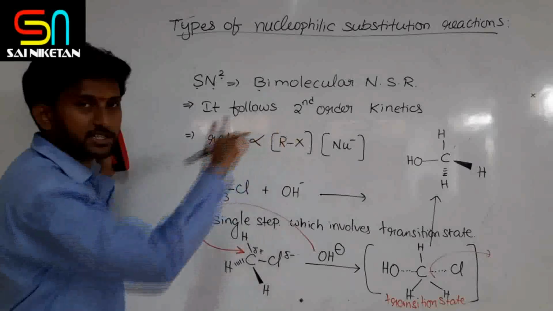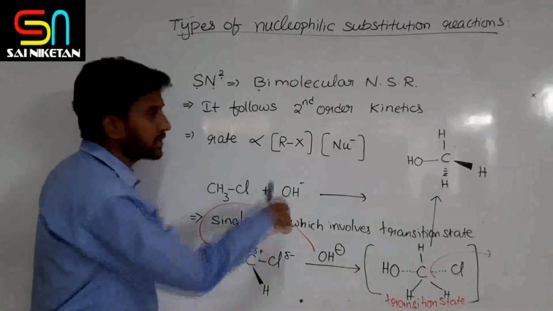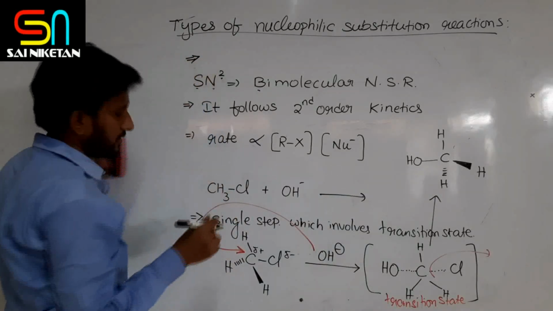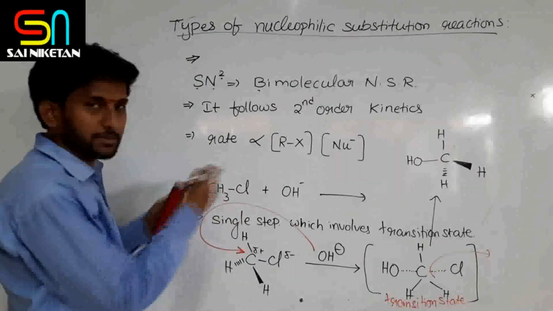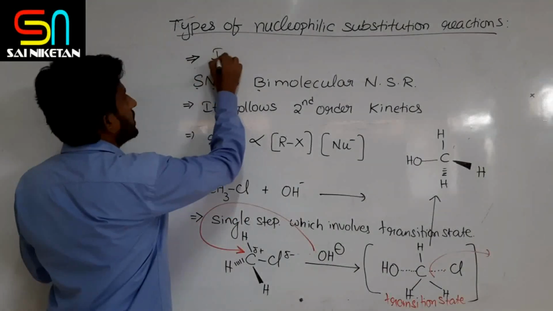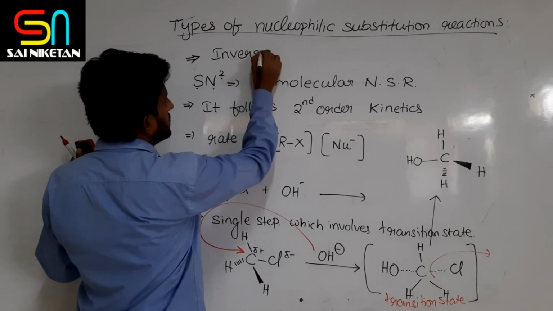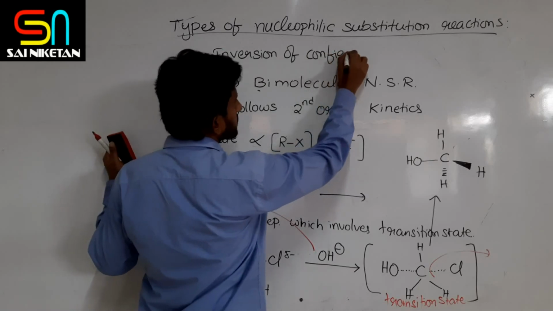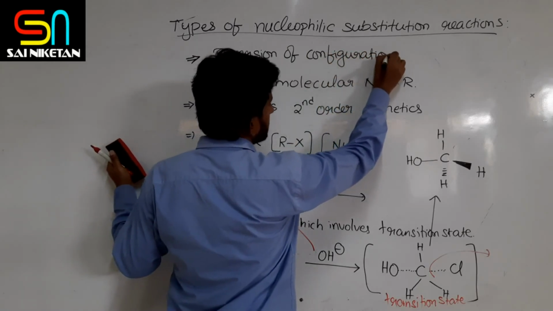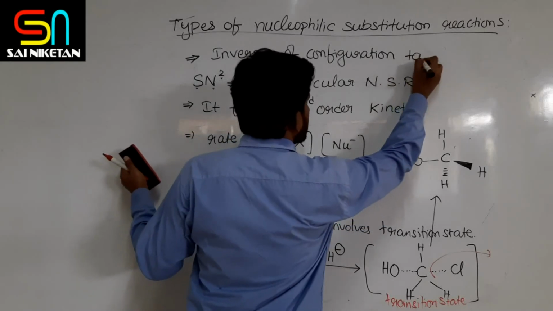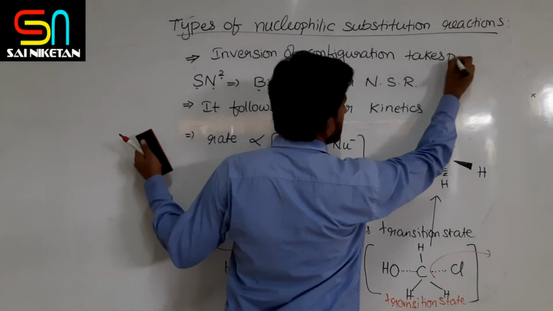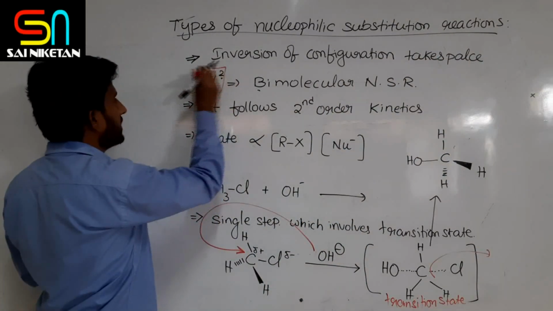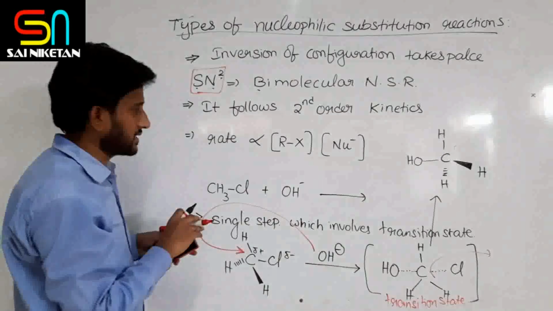The arrangement of atoms gets changed. If it is an L isomer, you will get a D isomer. This particular type of reversing of the configuration, or the arrangement of the atoms, is called inversion. So inversion of configuration of these alkyl halides takes place in the SN2 mechanism.